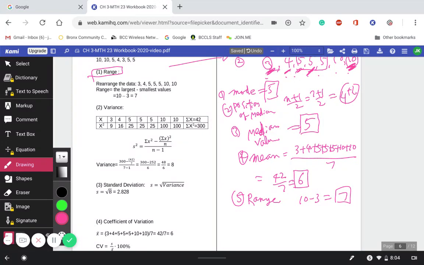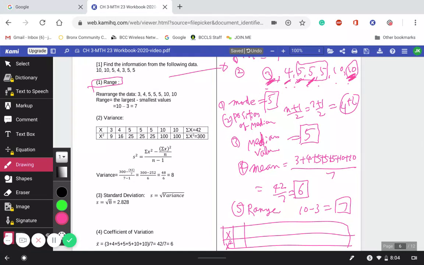Now, how do you find the variance? Well, you make a table of 7 data. So x, and you have to find the x square. You rearrange it in ascending order, x value first on the top: 3, 4, 5, 5, 5, 10, 10.